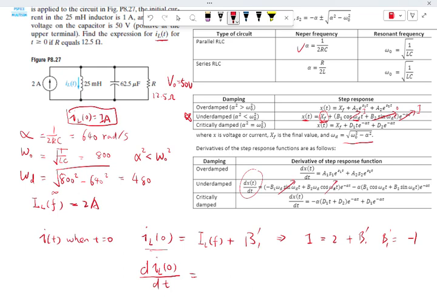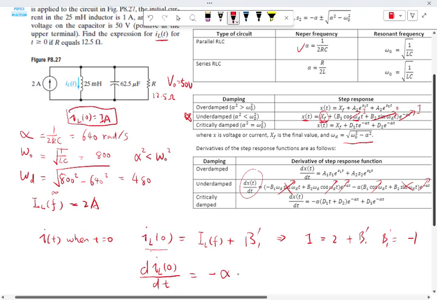This becomes a 1, this becomes a 1, this becomes a 1. This whole thing is gone. This becomes a 1. So this term is gone. In the end, we always get negative alpha B1 naught plus omega d B2 naught for this underdamped situation. Okay, so this is much easier.